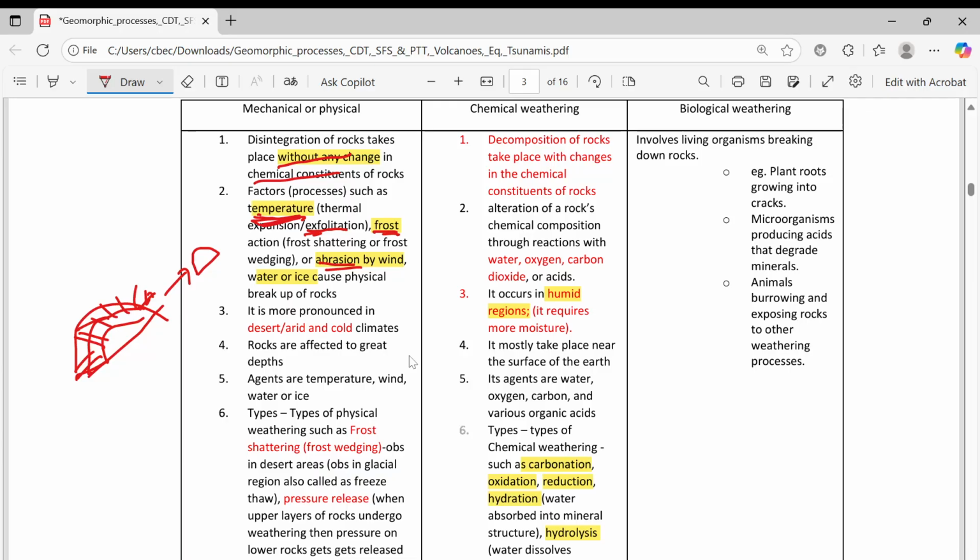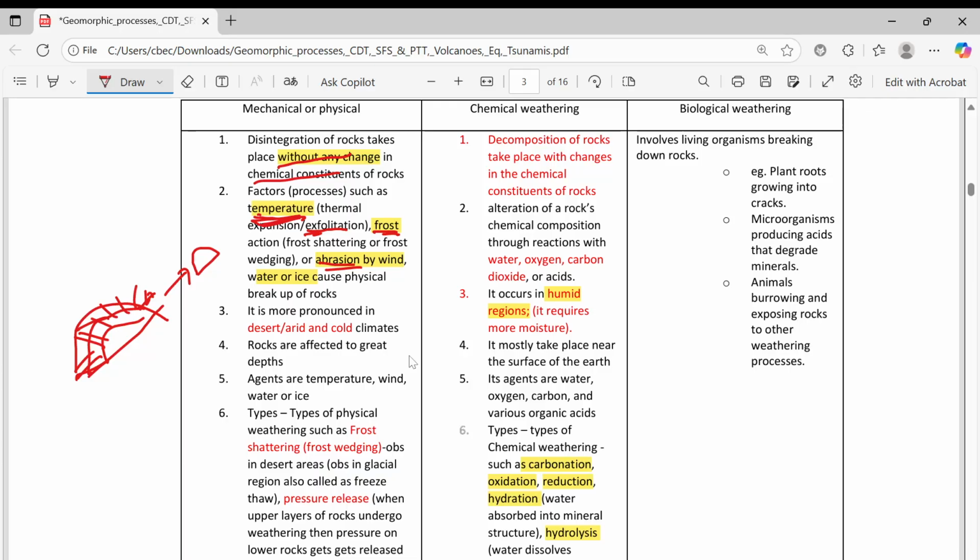For example, wind takes dust particles and hits the rock, then it undergoes weathering. A river hitting the rock will keep eroding it. Similarly, a glacier moving on the rock or hill, this ice will break that rock.